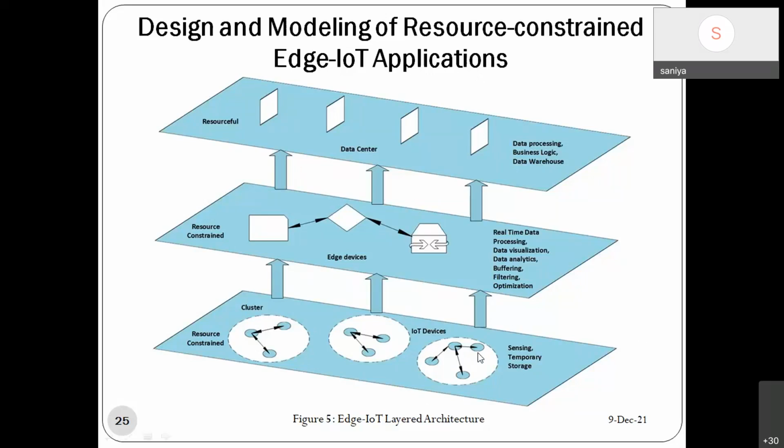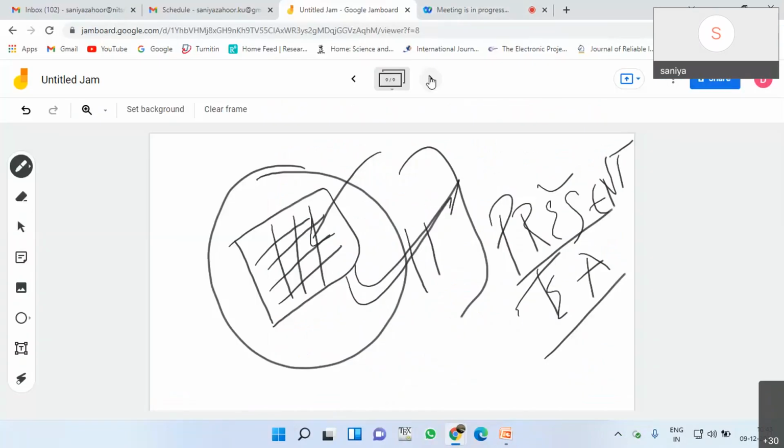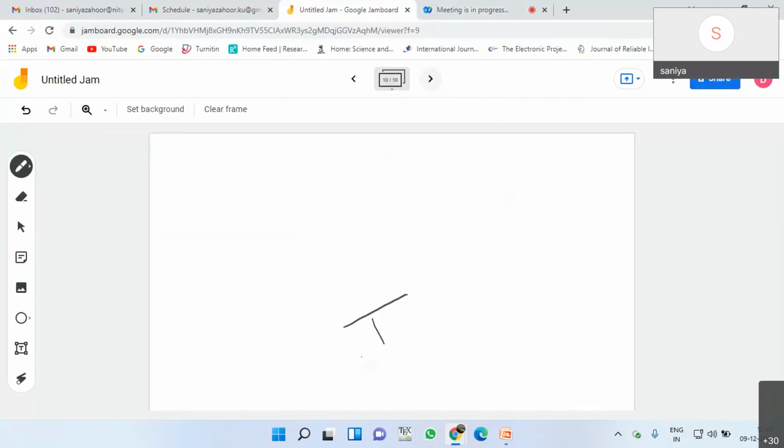Once a device senses the data, it pushes the data to the next layer, which is the edge devices. These are resource constrained, but they are resourceful as compared to IoT devices.